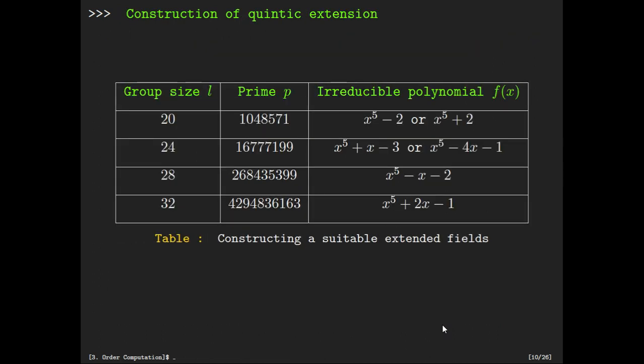So this is the construction of optimal quintic extension as per our implementation experience. We conclude that these primes and these corresponding irreducible polynomials performed well to design optimal extension fields.